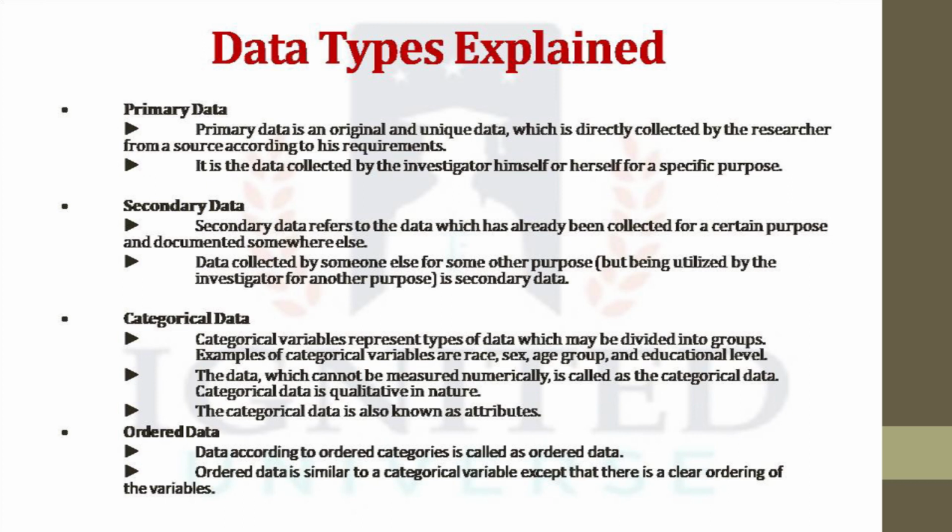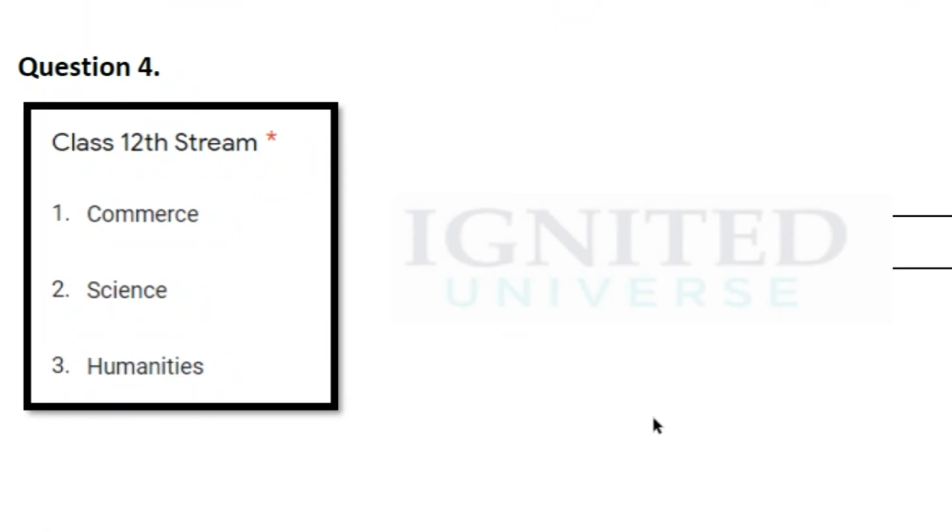As per hierarchy, if we move from categorical data, then we have the next data as the ordered data. So, the data which is categorical but is now ordered into some sequence becomes ordered data. For example, consider this question asked in a questionnaire: what is your class 12 stream?